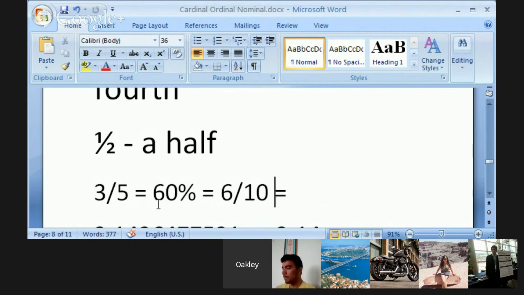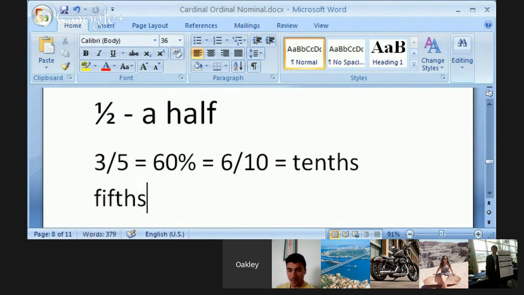Three fifths. Or 60%. Okay. And six, I don't know. Well, or no, tenths. Yeah, okay. And one more time, can I hear you say this word here?